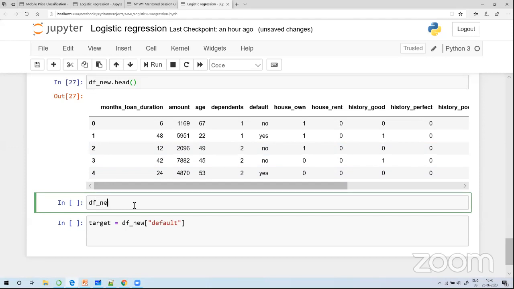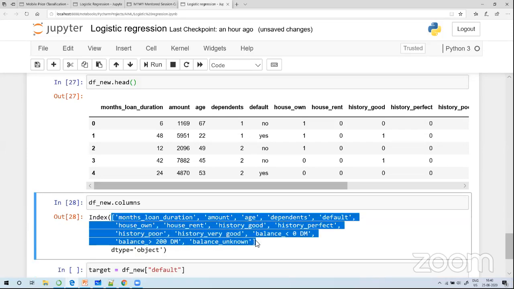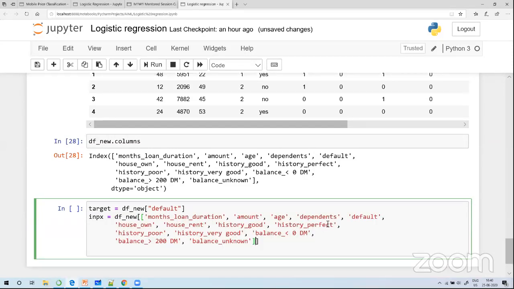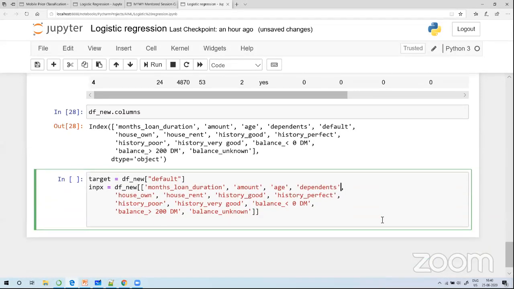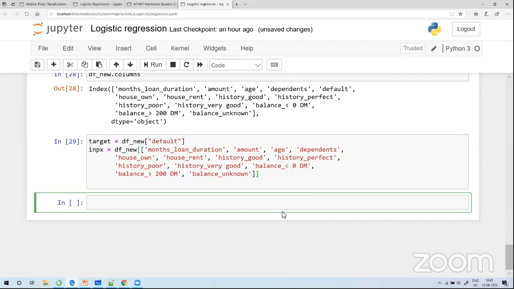So df_new.columns, so it would be easy for us to copy and paste. These are all the columns that are going to be in input X variables. Input X is equal to df_new, selecting all of this except the default variable, because default is our target variable. That variable should not be in our input X. So we have separated them.